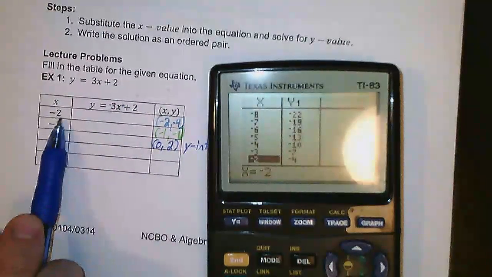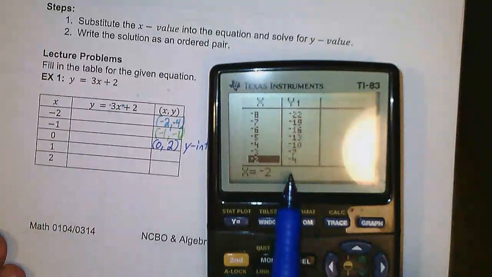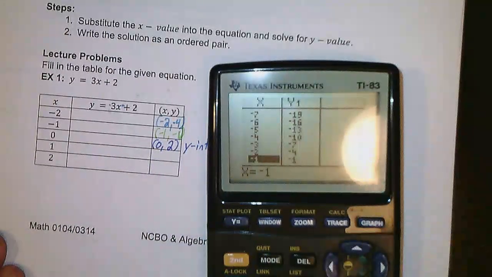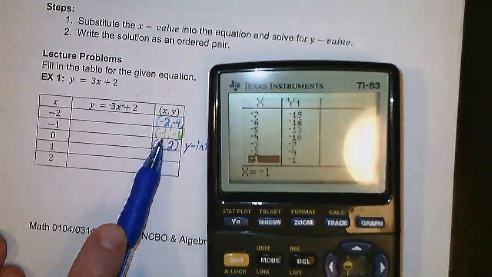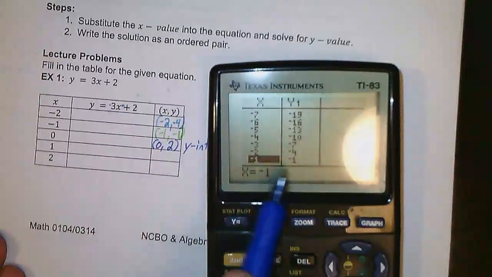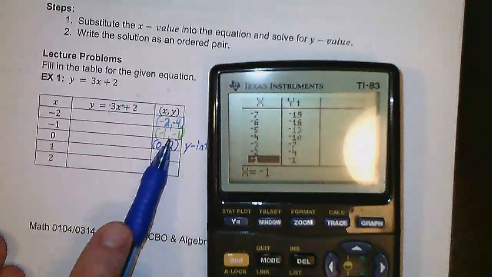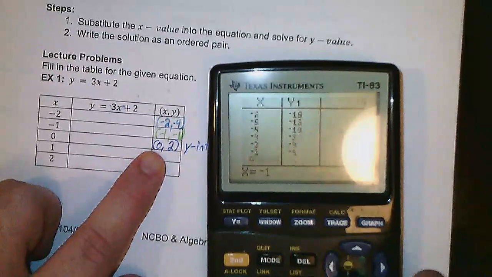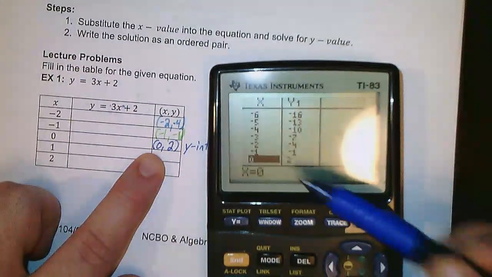When x is negative 2, y is negative 4. Negative 2, negative 4 is an ordered pair. So this is also a way to check yourself if you want to do it by hand. Negative 1 is an ordered pair, just as we found. And then we should see 0, 2 right below this. And we do.